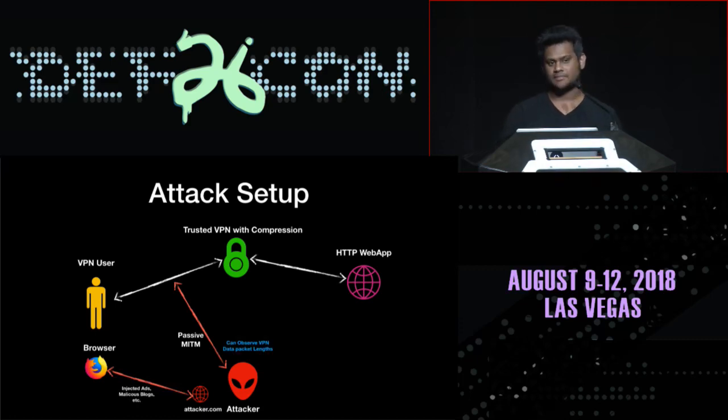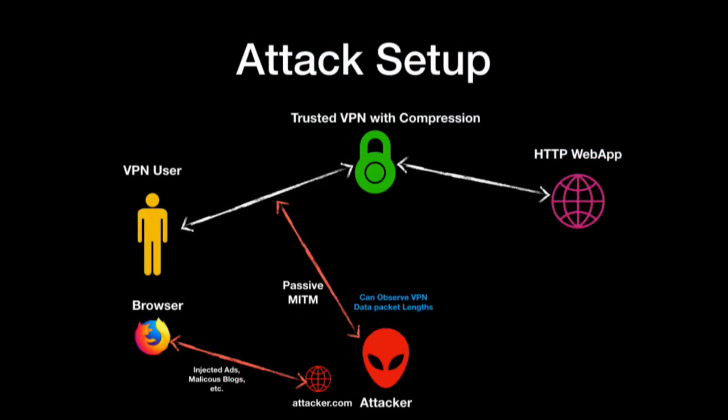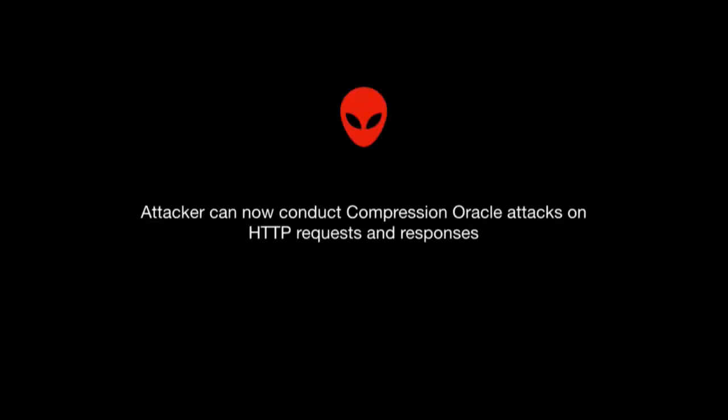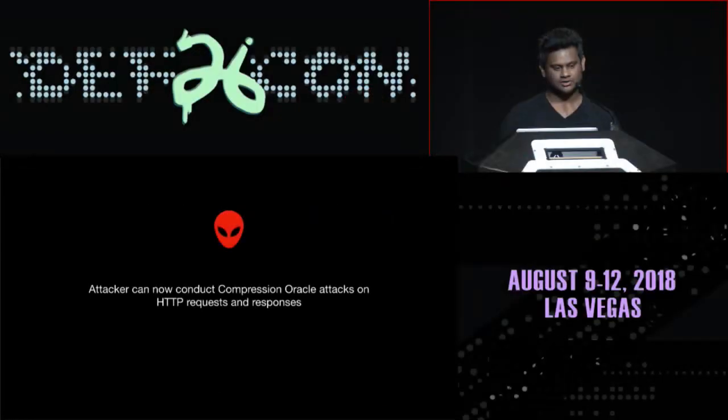Using the passive MITM, he's going to do the first requirement, which is to observe the length of the data packet. And using the second one, he can use the browser to send cross-domain requests to the web app, which in fact go through the VPN, right? So using this, an attacker could conduct this compression oracle attack on requests and responses.